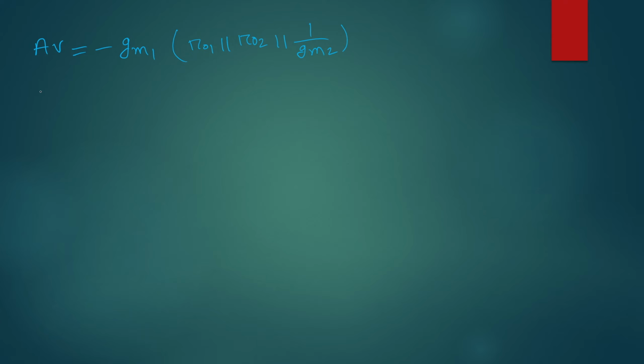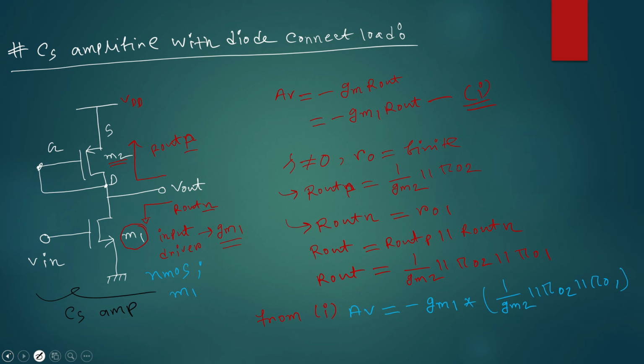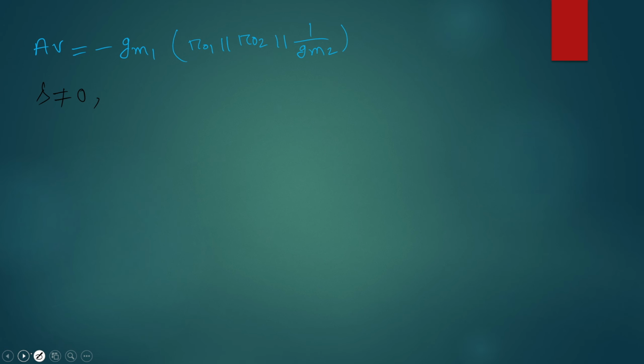So if you neglect the channel length modulation, that means lambda is equal to 0. This is my mistake most probably.